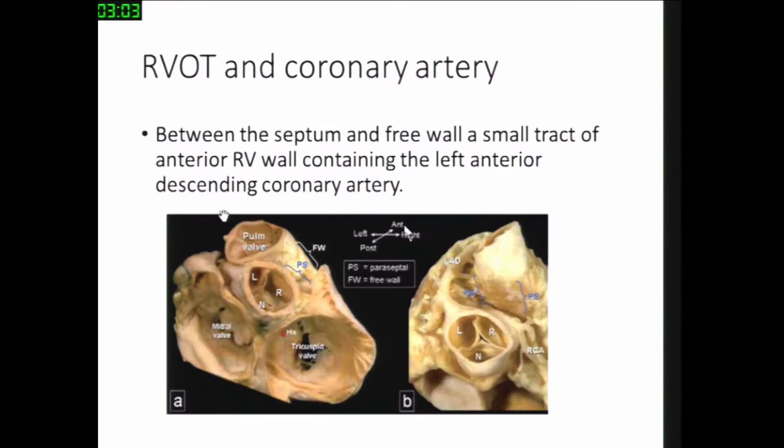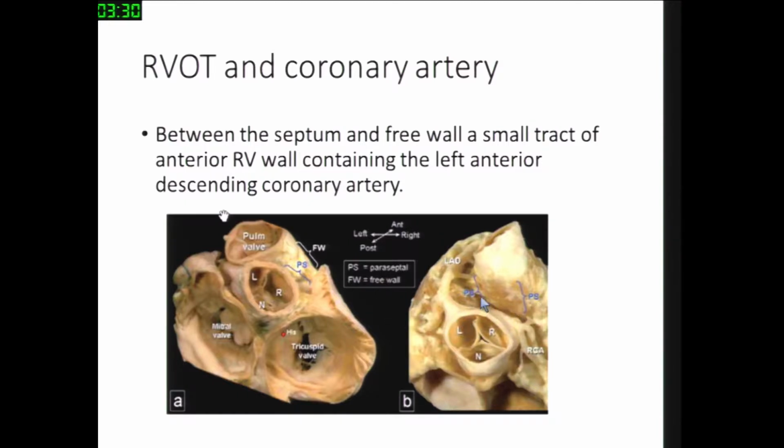Look at the RVOT between the septum and the free wall. This is the pulmonary valve, and this is the septal side and the free wall side. You can see the aortic valve and the aortic sinuses, the right coronary and left coronary, very close to the septal side of the RV outflow tract.